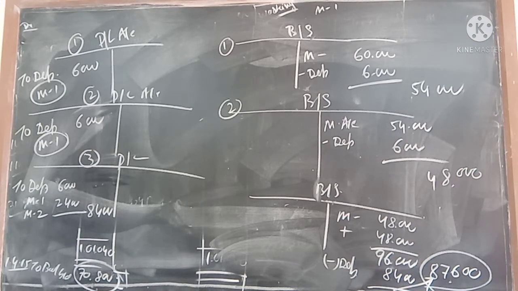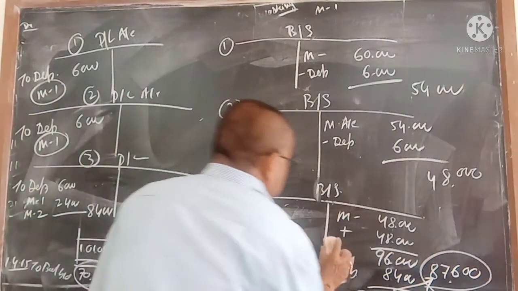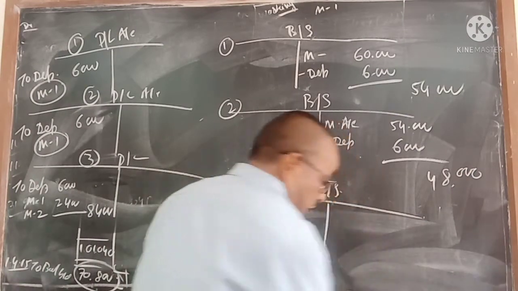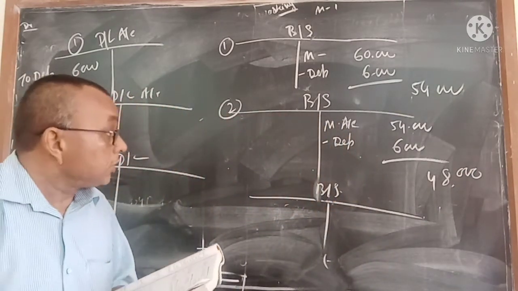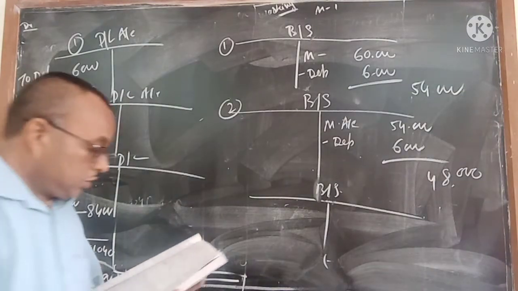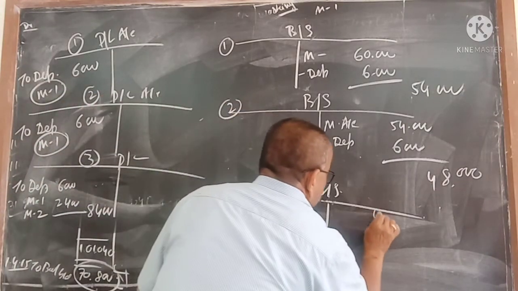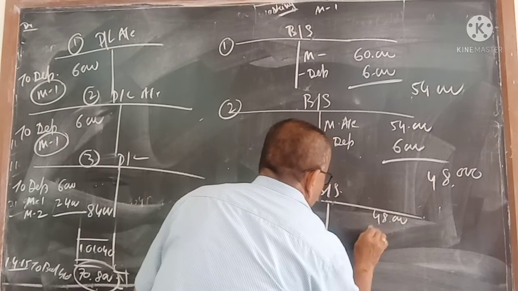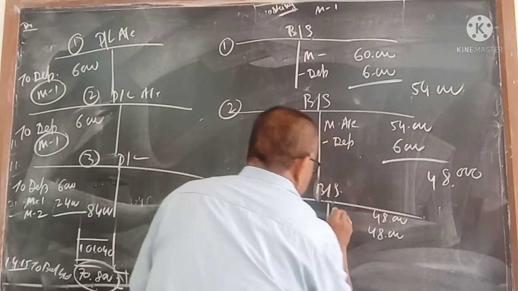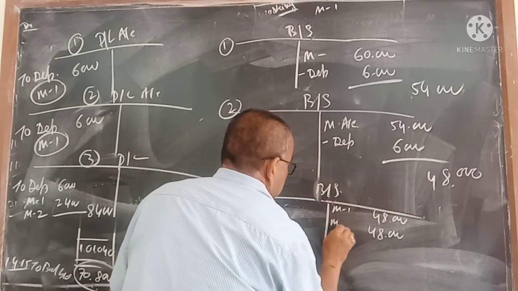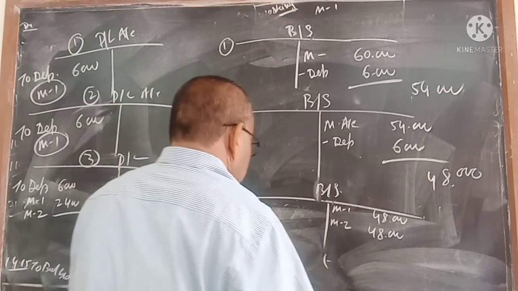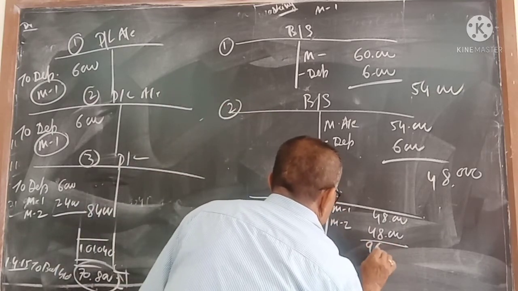Okay. In the third year I have made some little mistakes. Let me complete it. That is, 48,000 was correct for the second year. Third year it is 48,000 for 48,000. These are M1 and this is M2. Now you are getting 96,000.